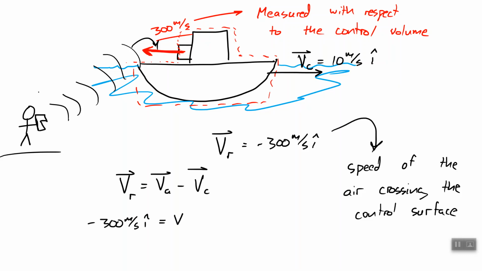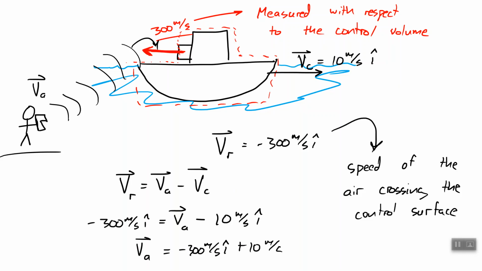They will be measuring the absolute velocity, so we will leave that as unknown. And we know that the control volume is moving to the right at 10 meters per second i hat. Right, and so we can find that the absolute velocity is equal to negative 300 meters per second i hat plus 10 meters per second i hat, which is equal to negative 290 meters per second i hat.